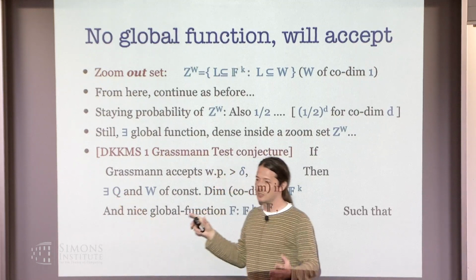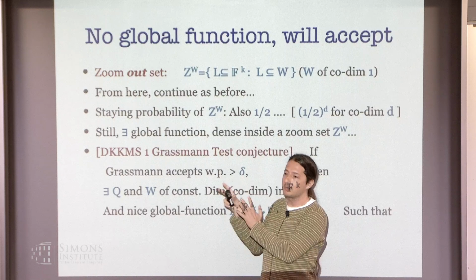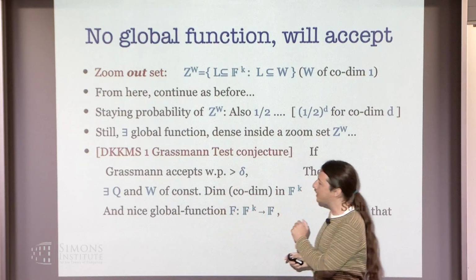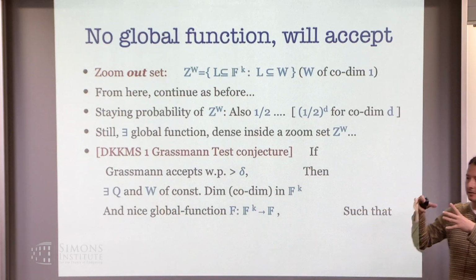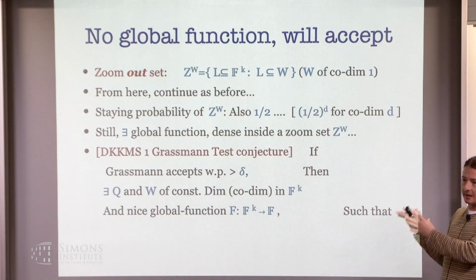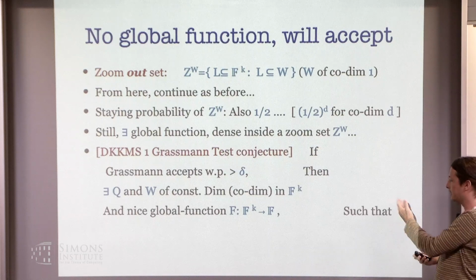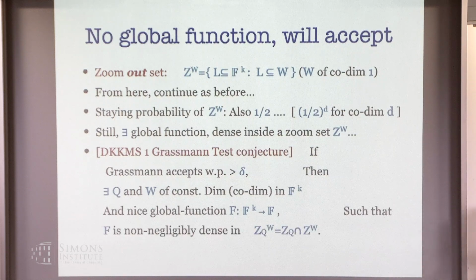So there is some combination of zoom-in and zoom-out, where inside that tiny set of subspaces, there is a global function that agrees with a non-negligible fraction.